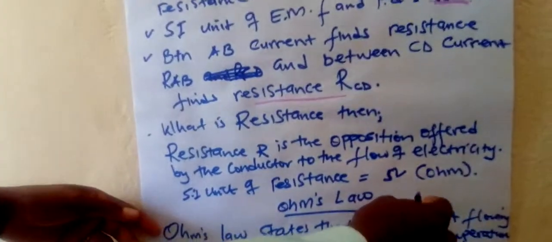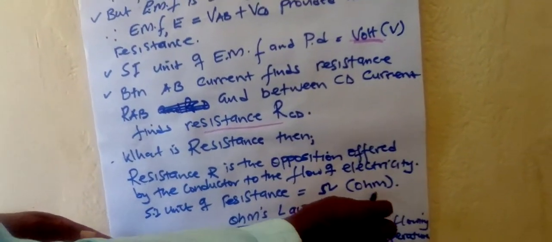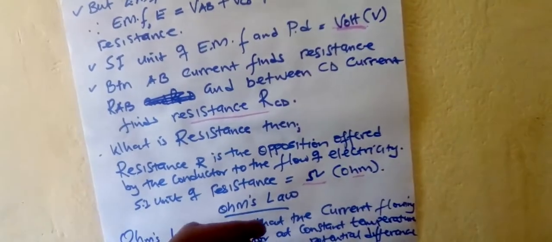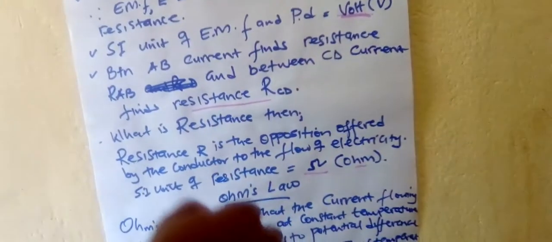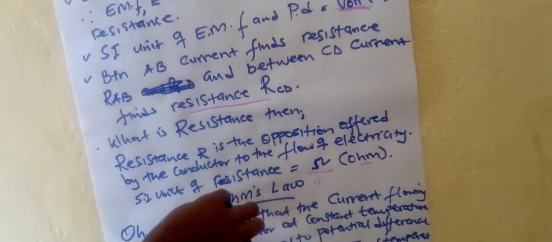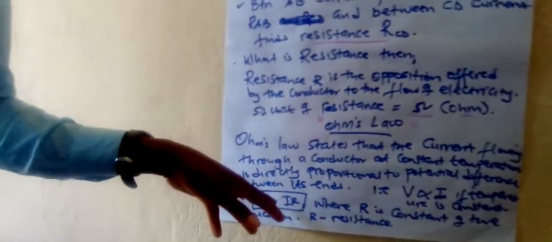So resistance has an SI unit of ohm. And from ohm, we get what we call Ohm's law. Ohm's law looks at the relationship between PD and current.